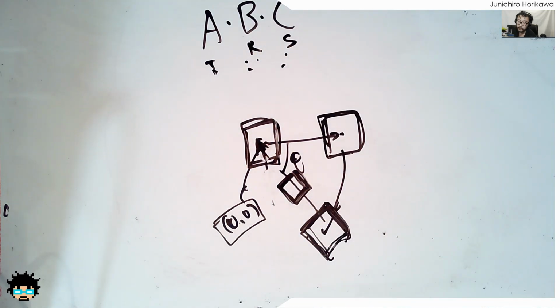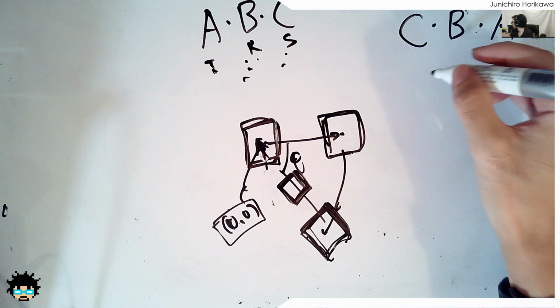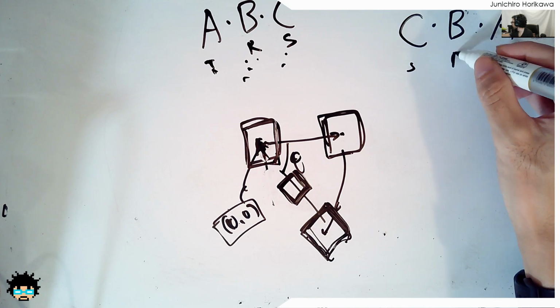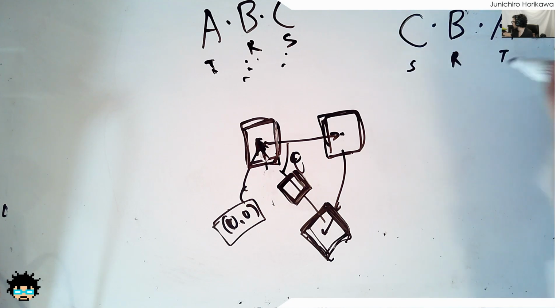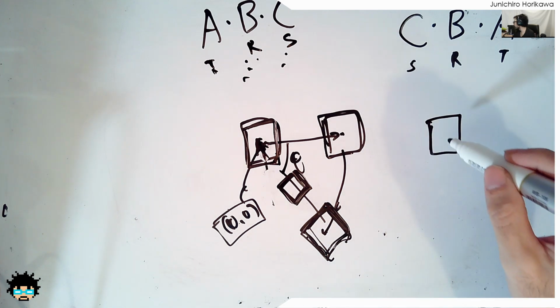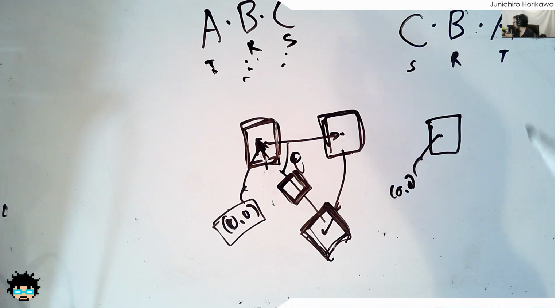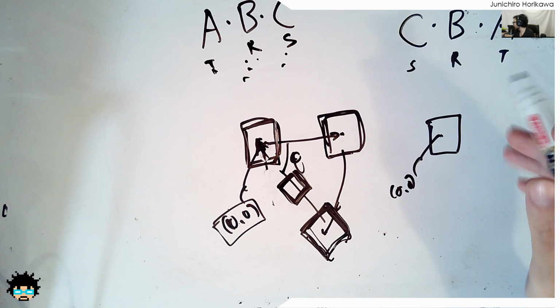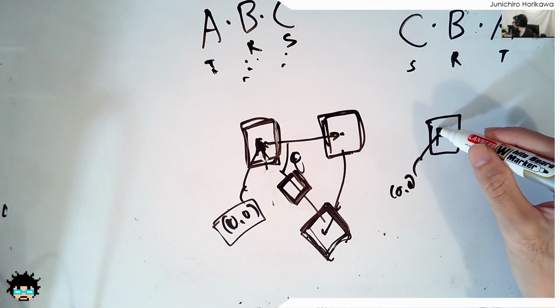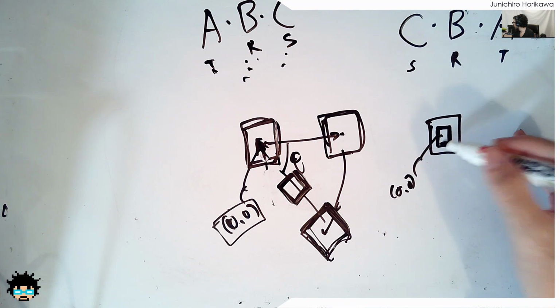Now, what if you change this order to a completely different order? Like let's say C, B, A, where C is for the scale, B is for the rotation, and A is for the translation, starting from the same box in the same position, which is 0, 0. Since this starts with a scaling, it shrinks to half size at this same position, like this.